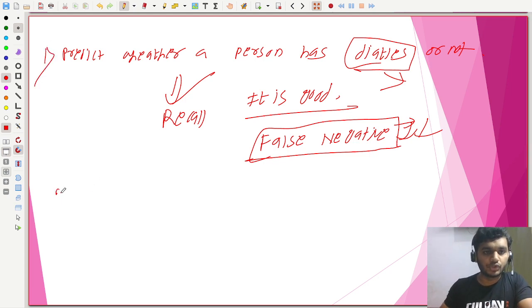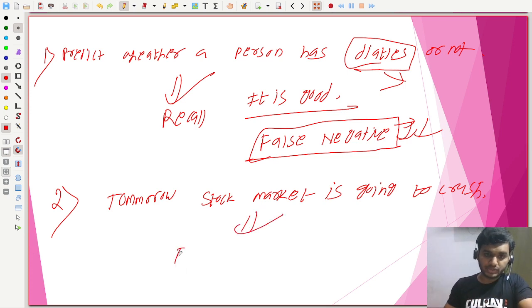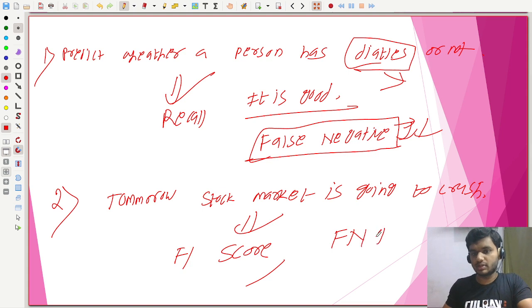If you give another example, that is predicting whether the stock market is going to crash, here use F1 score, because here false negative is important and false positive is important.